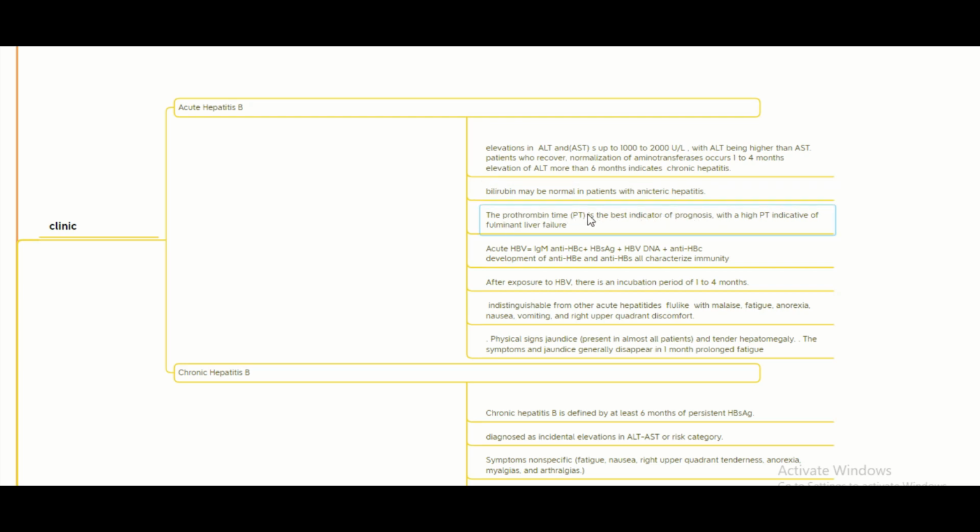The most common indicator of prognosis is prothrombin time. A high prothrombin time indicates that the liver is severely underworking and can be an indication of fulminant liver failure, which is one of the complications of hepatitis B.